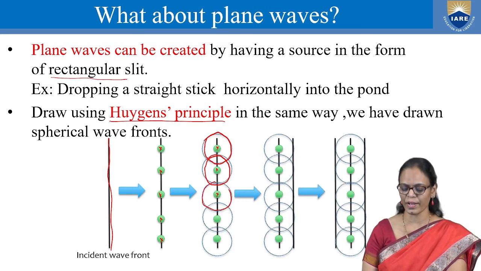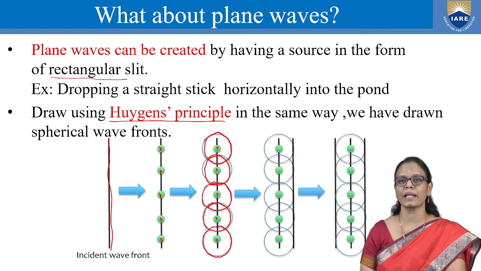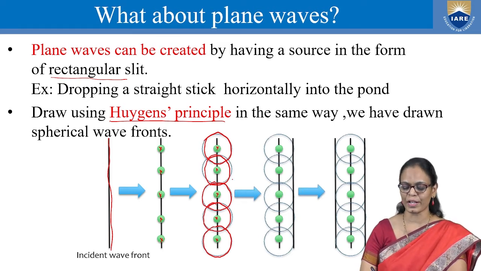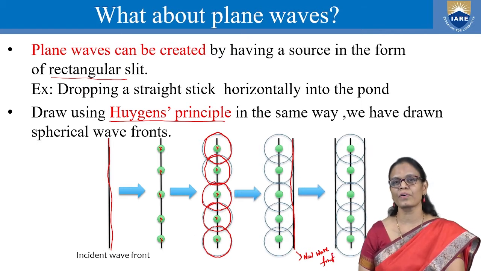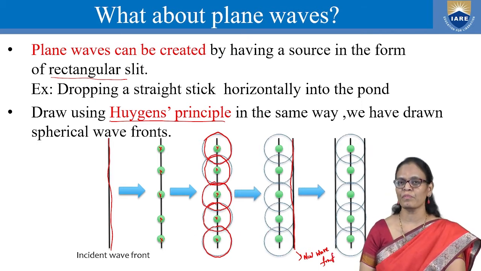So you will get circles like this. These will be the secondary sources now. Now you draw a tangent to all these circles. This tangent which is drawn will give us the new wavefront. This is the new wavefront. This is how we draw a plane wavefront.